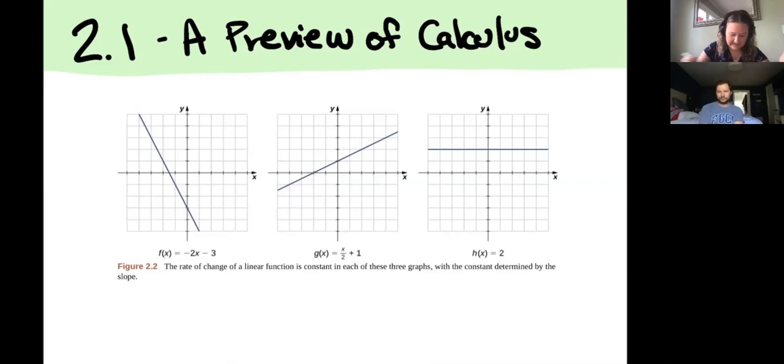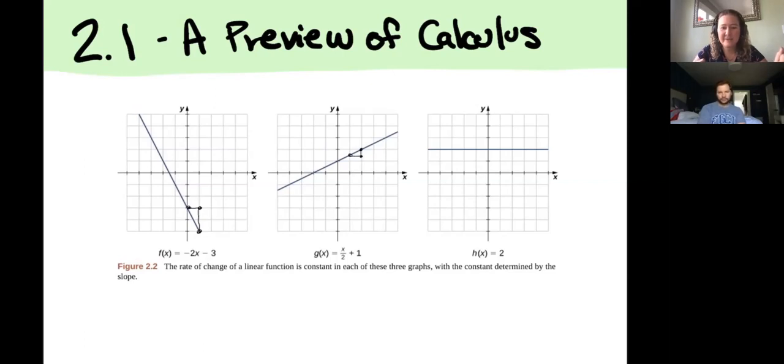So for example, from the negative 2 here, if we go over 1, then we end up going down 2. Okay, and that's why the rate of change, the slope is negative 2. For the middle graph, if we go over 1, we end up going up by only 1/2.